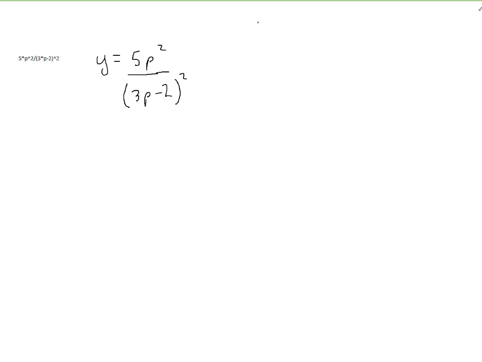So here we could use the product rule, but I think we use the quotient rule and do it properly. So in the quotient rule we'd have u is equal to 5p squared, and v is equal to (3p minus 2) squared. So that's the top part and the bottom part. You need the derivatives.